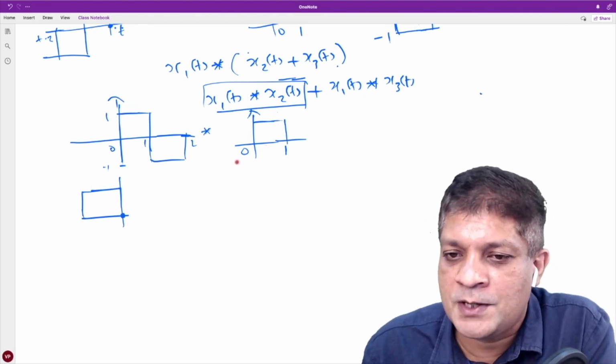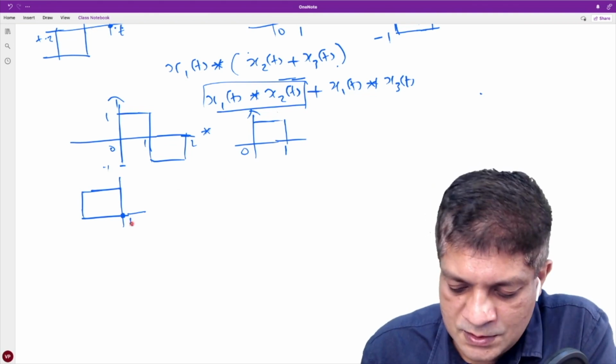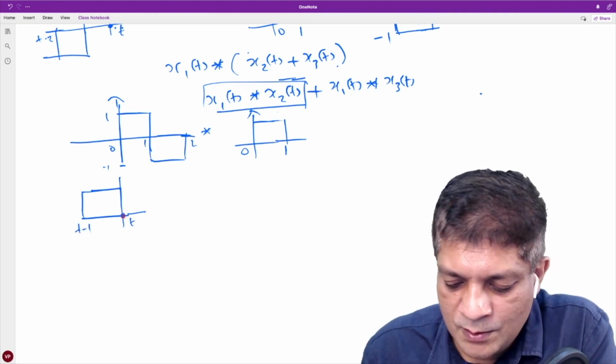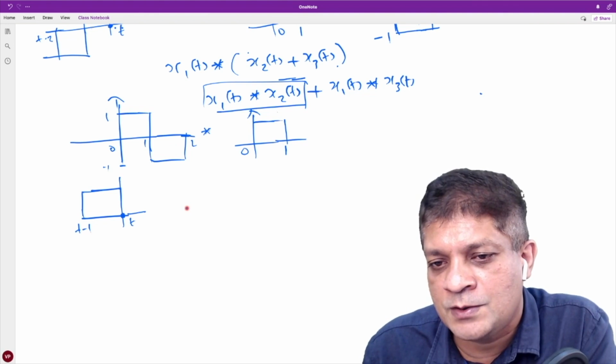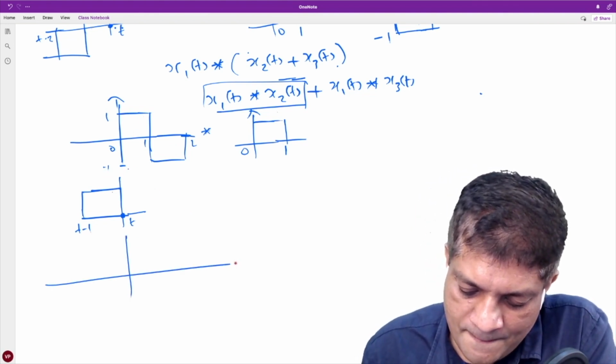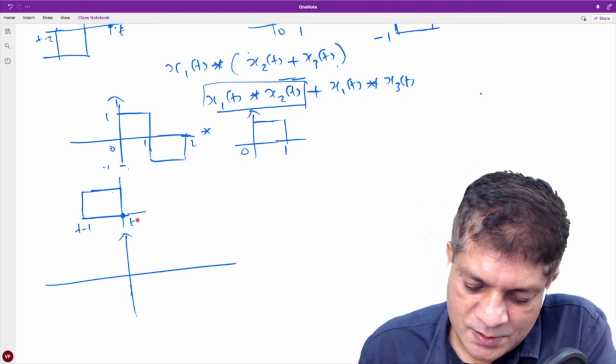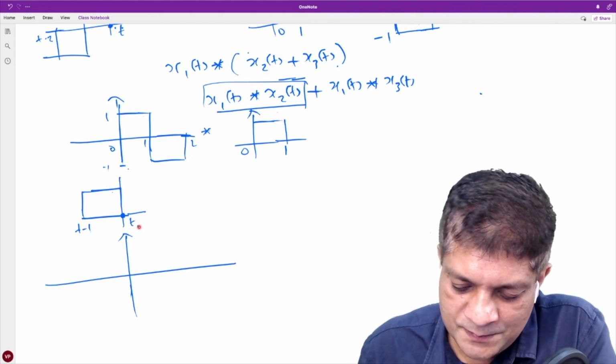Flip it and delay by t. Where is this point? This is t and this is t minus 1. Move this t from minus infinity to infinity. Multiply these two signals. Find the area.